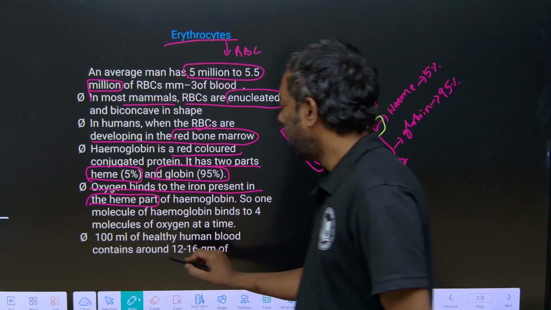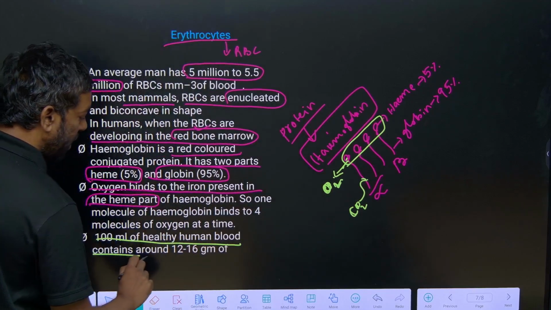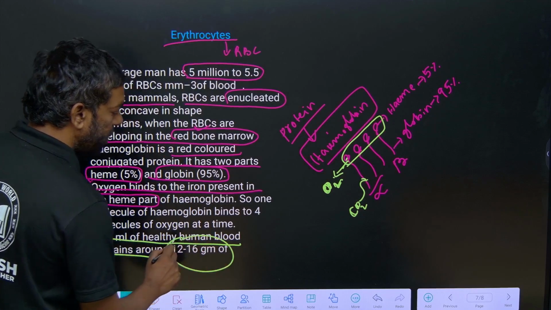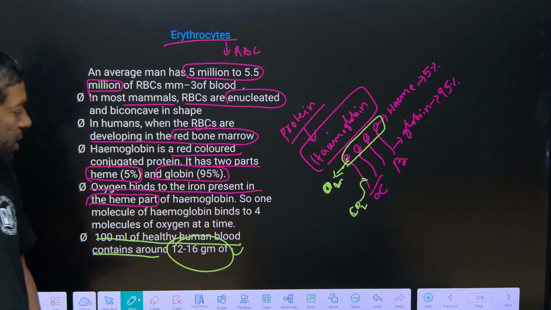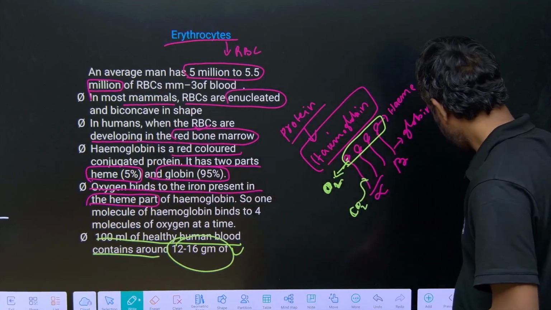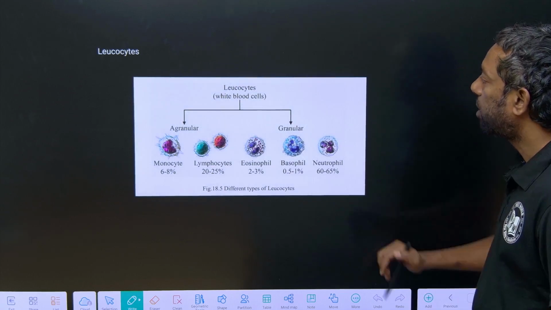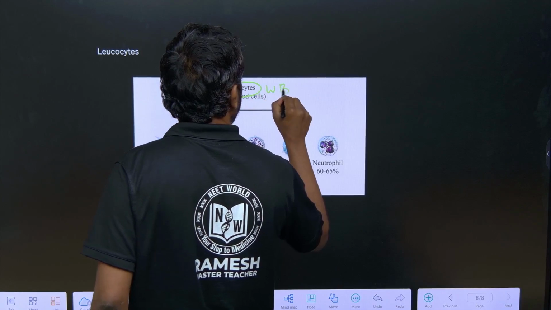100 ml of blood of a healthy human body contains 12 to 16 grams of hemoglobin. Next, WBC, which we can call leukocytes.